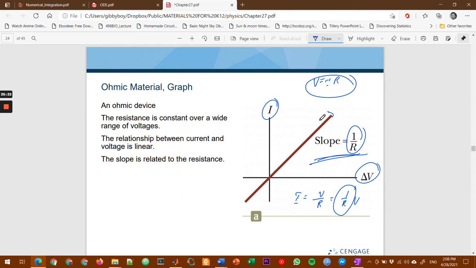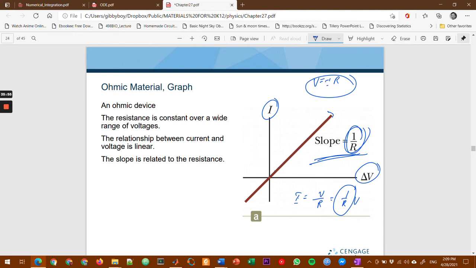So linear siya. So 1-to-1 correspondence, increase ang voltage mo, increase mo ang current with the same amount. Okay? Increase nimo ang kaning amount, ang voltage mo, increase mo rin ang amount, the same amount, ang current. So that's why it's called ohmic. It's linear ang iyang relationship. So it's simple. And the slope is related to resistance.